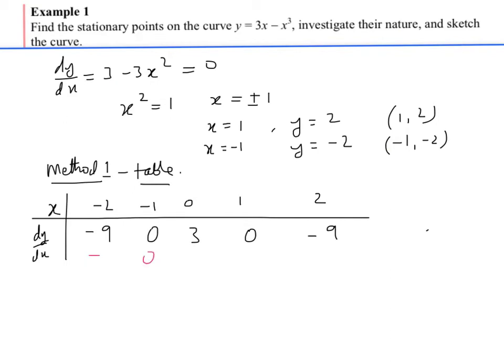Over here the gradient is 0. It's then positive. This means this value where x is minus 1, which we've already recognized as one of our stationary points, goes from negative to positive, so it probably looks something like that. There's negative, there's positive, therefore this must be a minimum.